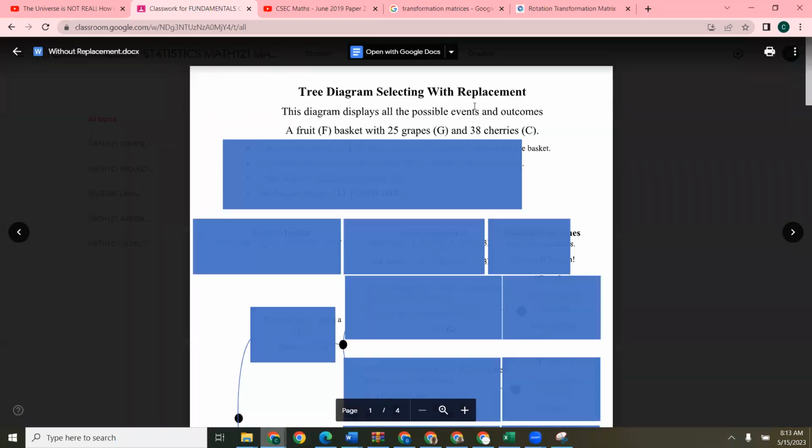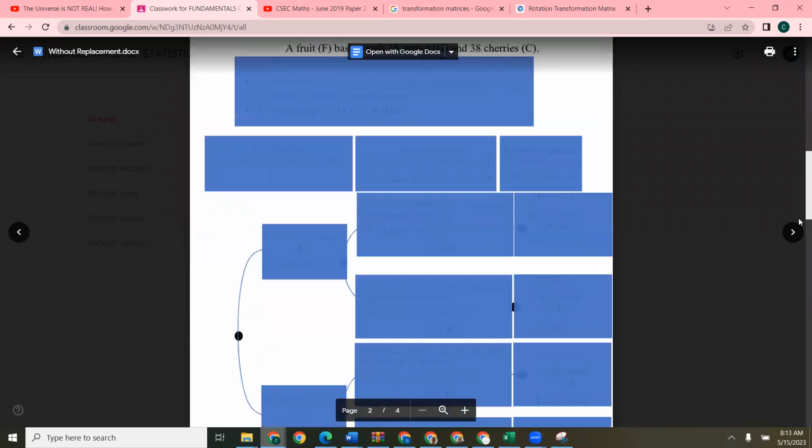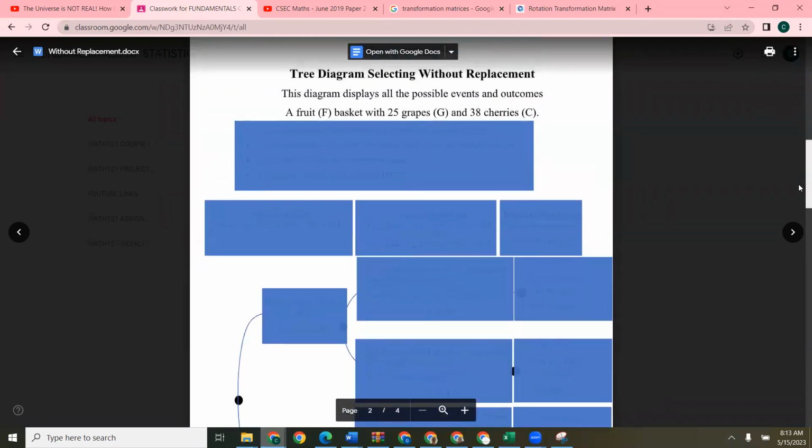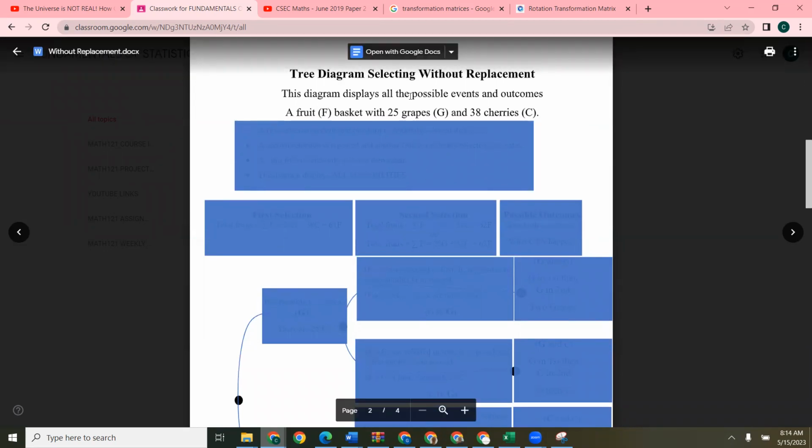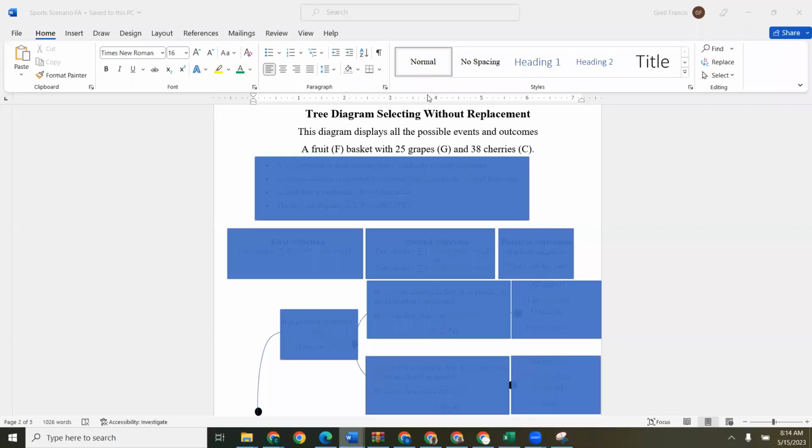Okay, so we're going to download this file, and as you can see, we have with replacement and without replacement to use it to help us analyze such a situation. So we have downloaded the file, and here we have a situation with grapes and cherries.